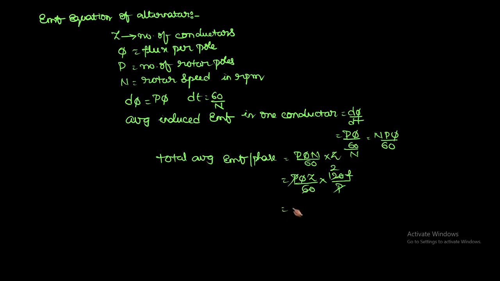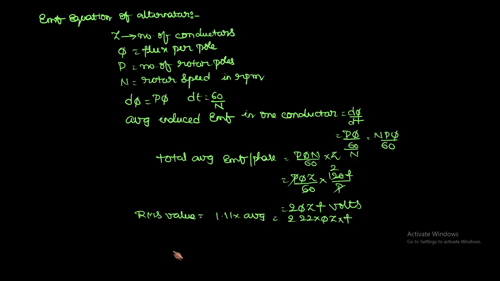What you are going to get is 2 pi ZF volts, that is the total average EMF per phase. Now I want the RMS value. If you want the RMS value, that is 1.11 into the average value. That means 2.22 into phi into Z into F.